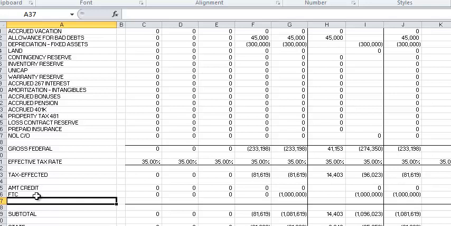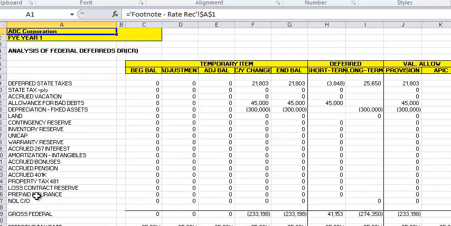It can't be, right? It's wrong. But the problem with a schedule like this, and it's even called this on the tab, it's a roll forward. You take a beginning balance, you roll forward. You take that ending balance and you make it next year's beginning balance. And if something goes wrong and you just keep rolling it forward, pretty soon you don't even know what that is anymore. That's what happens as a practical matter.